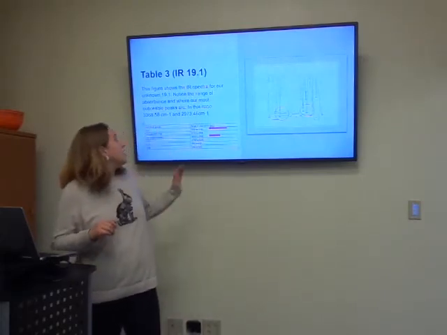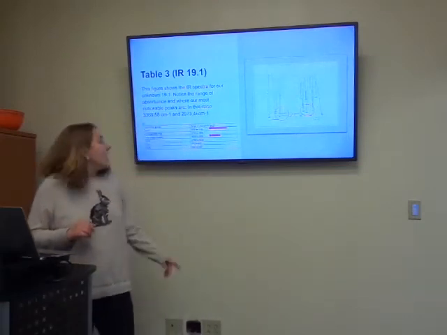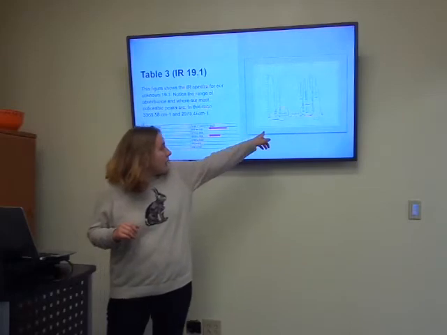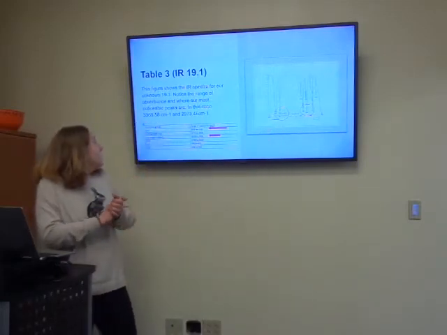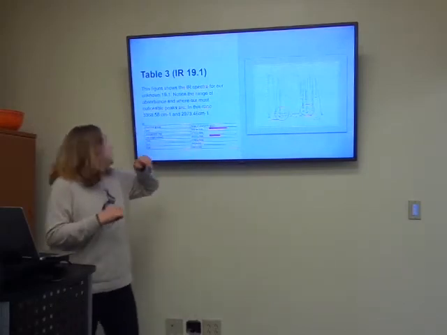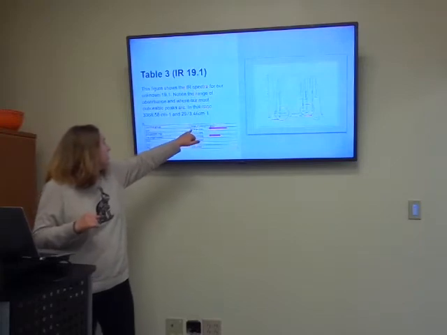So we're going to go ahead and take a look at our second unknown, which is our unknown 19.1. And again, we're just going to take a look at the bottom peaks here. You can see that the first one right here lines up at 3,368.58, which falls in between the oxygen to hydrogen bond.